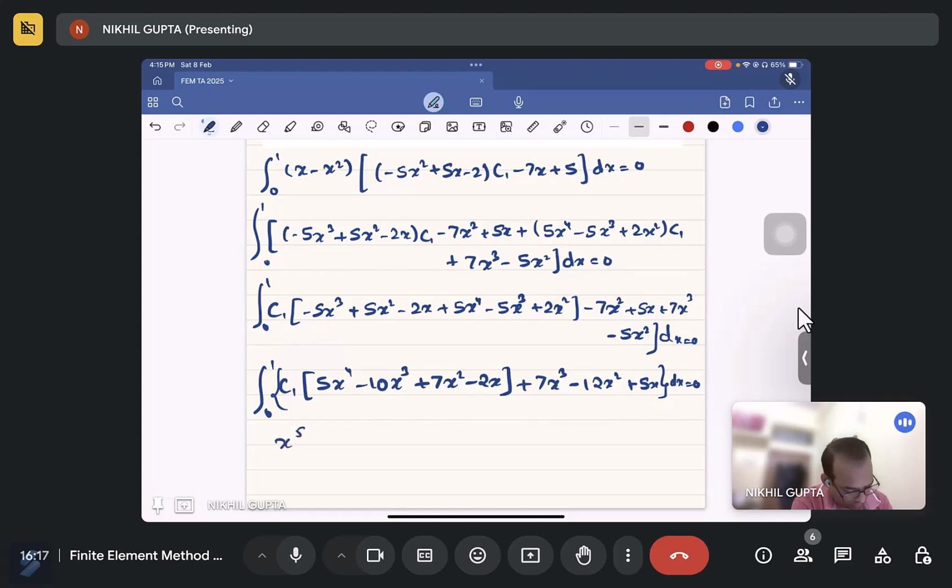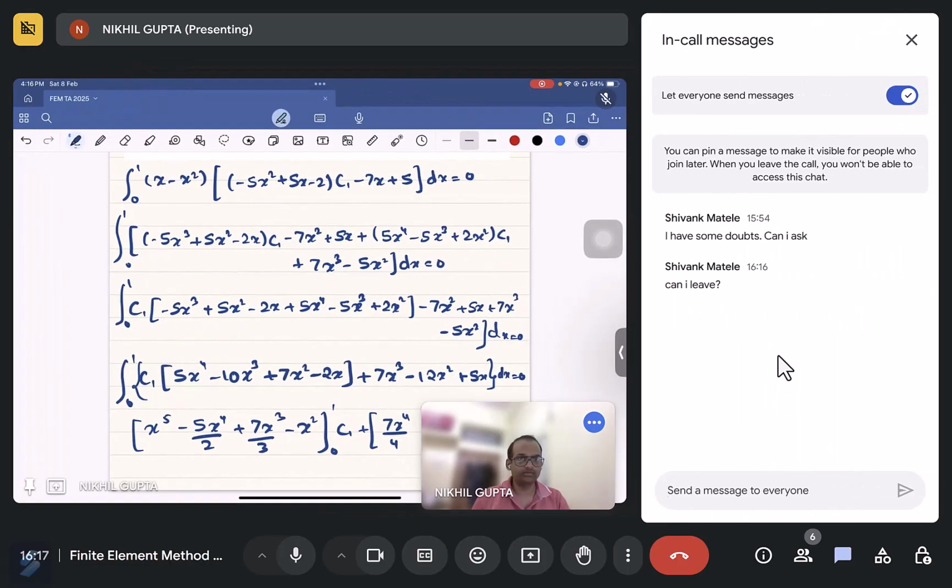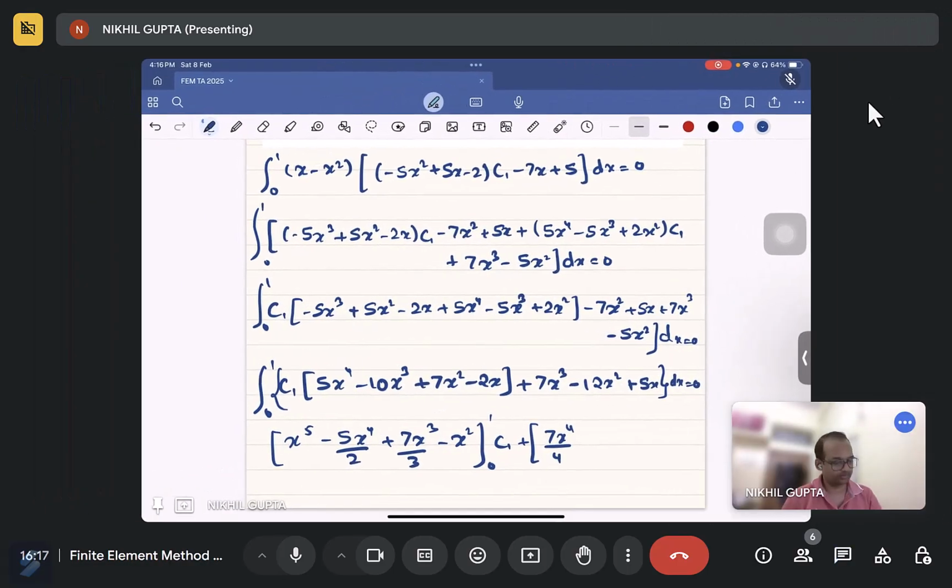Now let's integrate: x power 5 minus 5x power 4 by 2 plus 7x cubed by 3 minus x square from 0 to 1 with C1, plus 7x power 4 by 4 minus 4x cubed plus 5x square by 4 from 0 to 1.